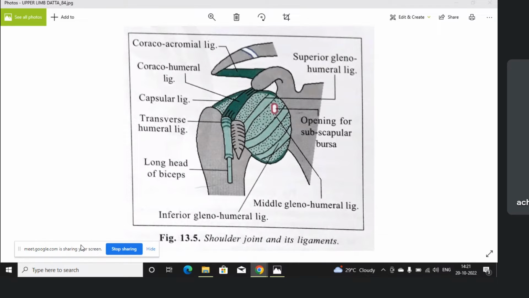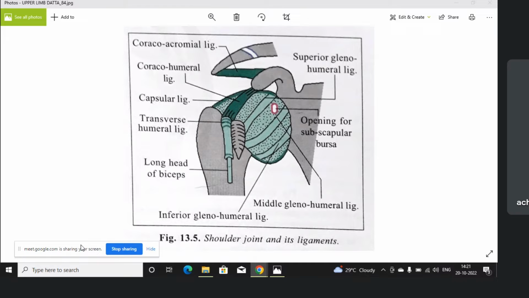Number one, glenoid cavity of the scapula. And number two, head of the humerus. So for the bones, you have to write an introduction about the glenoid cavity and the head of the humerus.